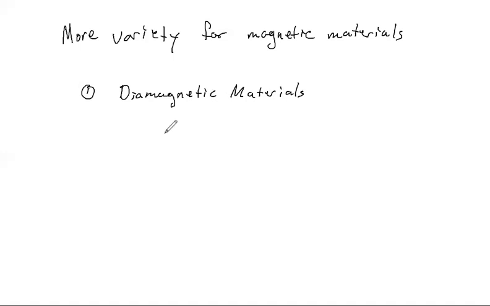Diamagnetic materials are materials which, in general, weakly oppose the ambient magnetic field. They tend to reduce the magnetic field. This is typically a weak effect.